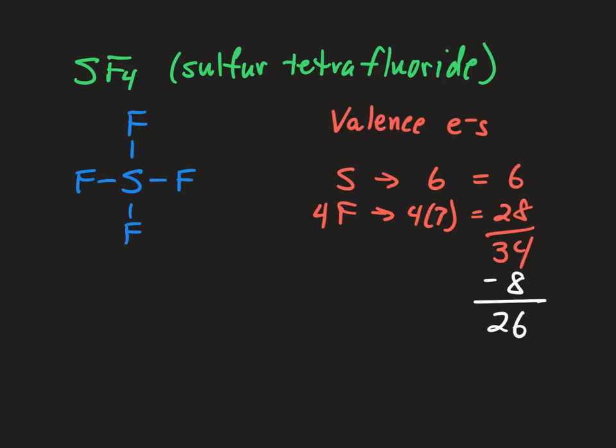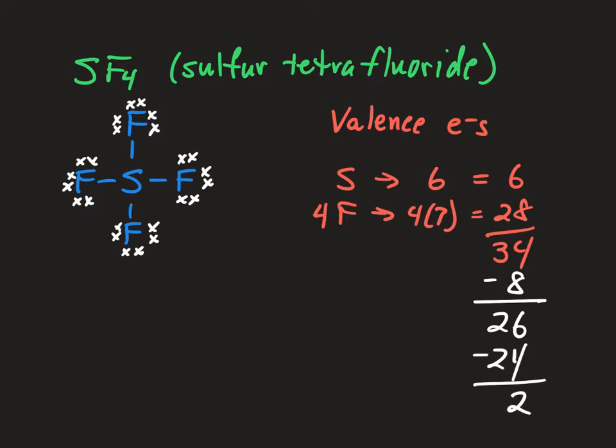Fluorine already has 2 around it, so we add 1, 2, 3, 4, 5, 6, 7, 8, 9, 10, 11, 12, 13, 14, 15, 16, 17, 18, 19, 20, 21, 22, 23, 24. So we've accounted for 24, leaving 2 left.